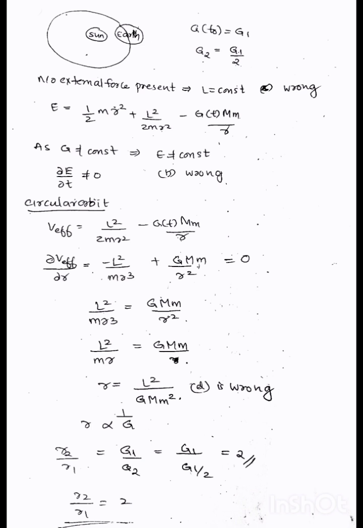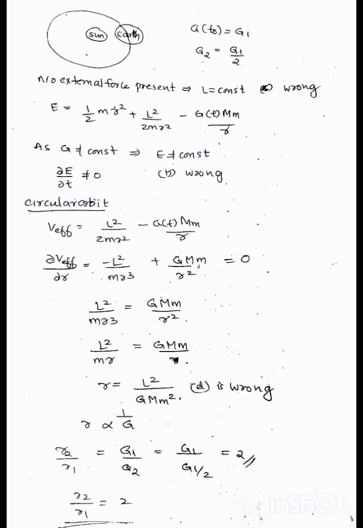Here the Earth is revolving around the Sun, and at the initial time t naught, the gravitational constant is G1, and it is mentioned that after a time the gravitational constant reduces by half, so that G2 is equal to G1 by 2. And here no external force is present, so the angular momentum L is constant.